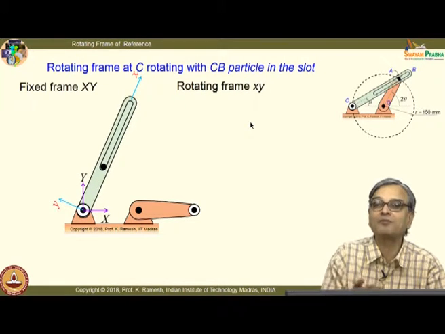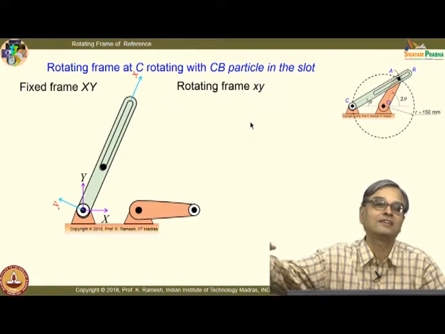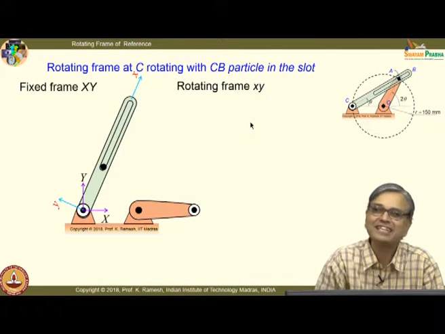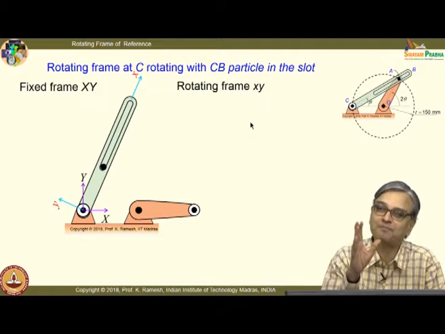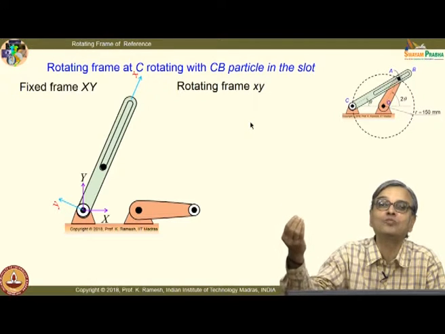Or you can also have a problem, I have a slot like this and then I have an ant crawling from this end to that end, you have a problem like that, is it not? They are not mechanics problems. Okay. If I have to make a device, how do I have that particle to move on the slot?